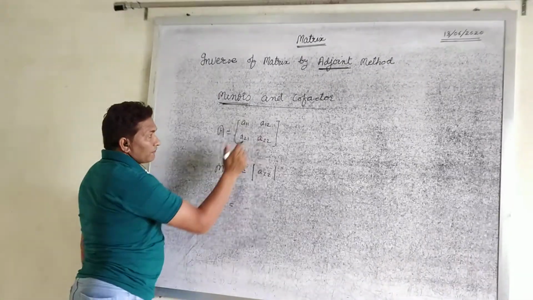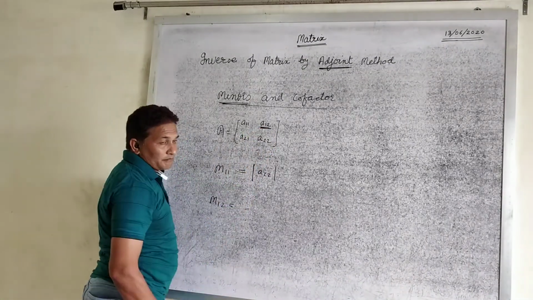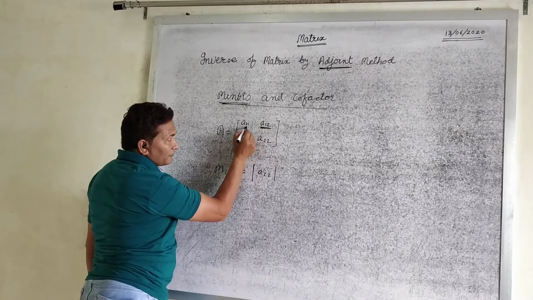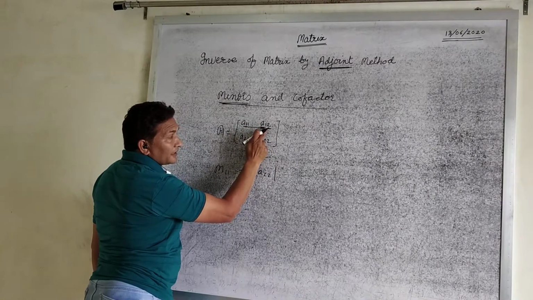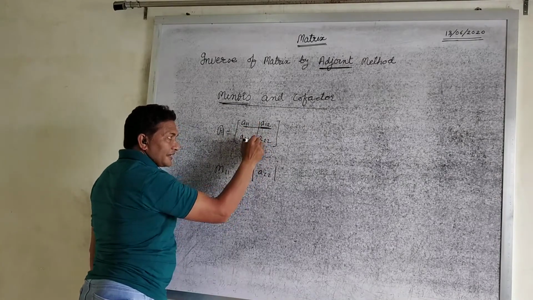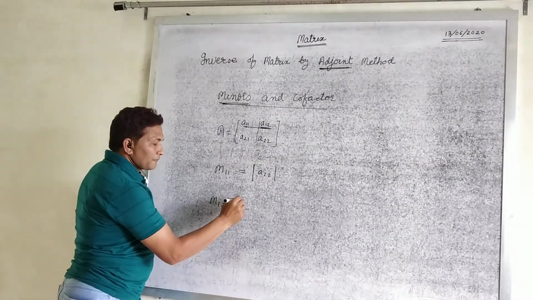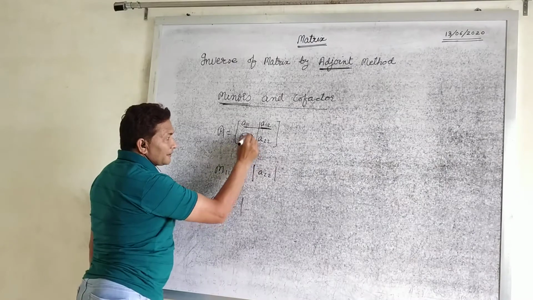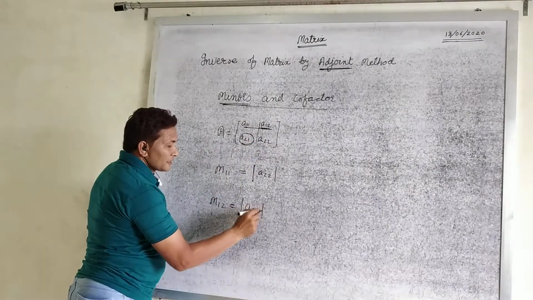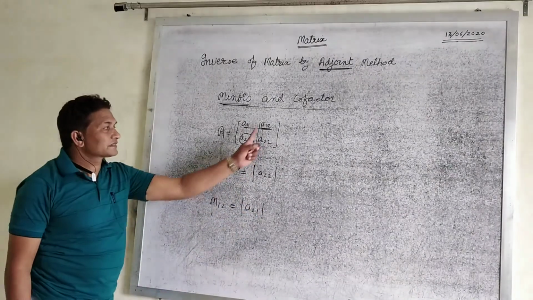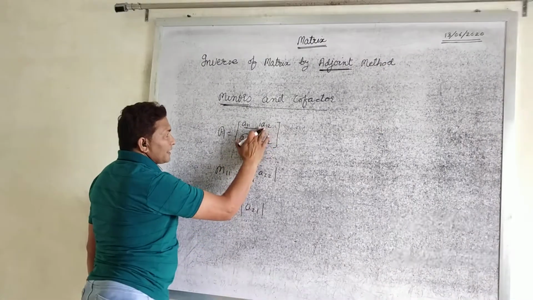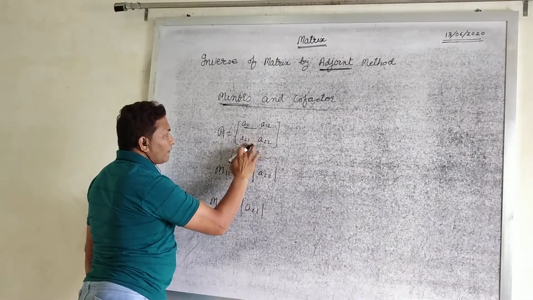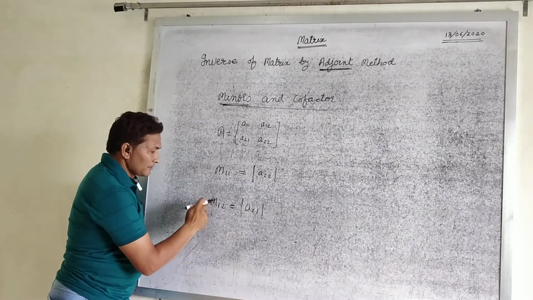Therefore, take the determinant of the remaining elements. Now the only remaining element is A21. So this is the minor of the second element. In this way, find the minors of all elements.